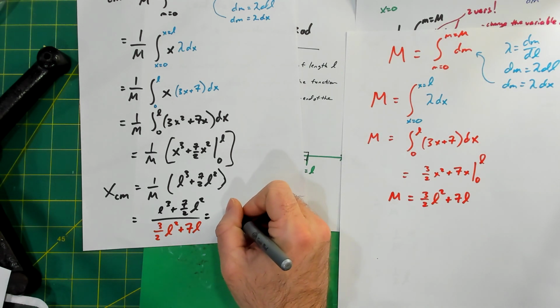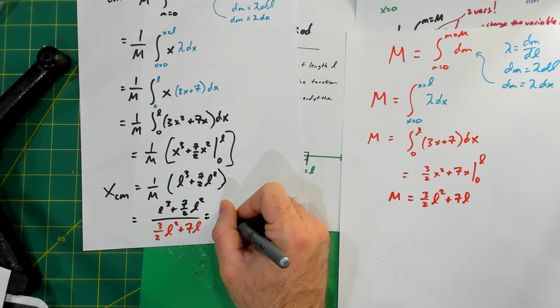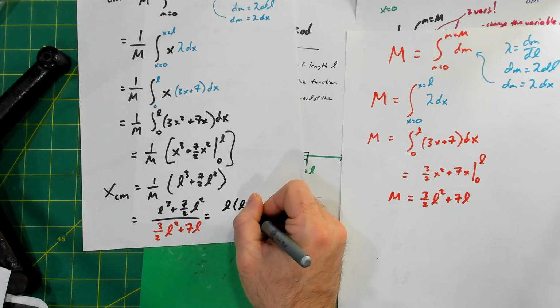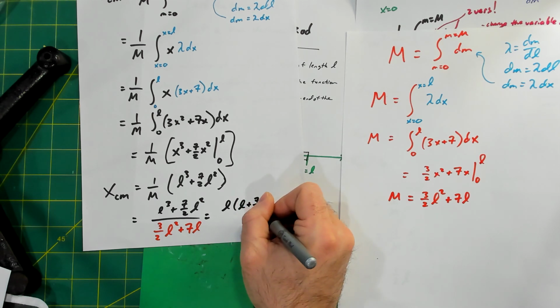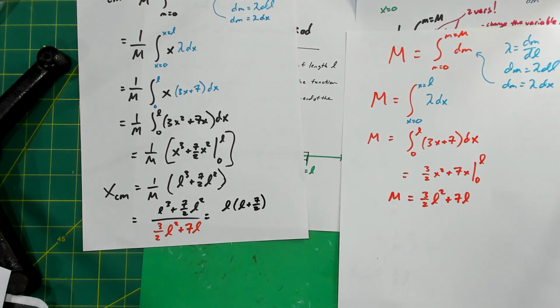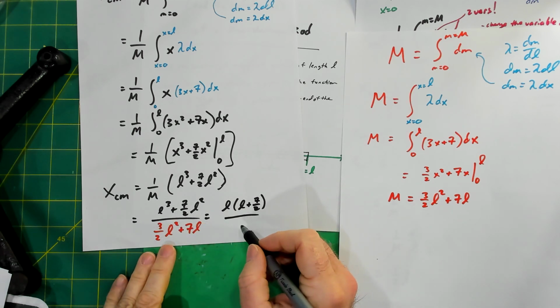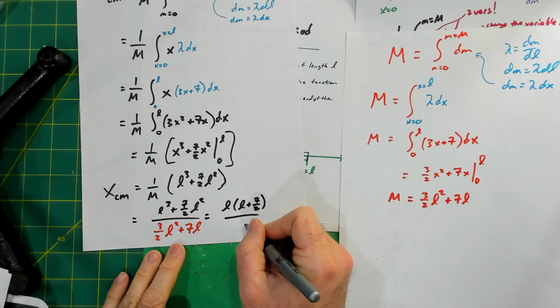And then I'll have what? L times L plus 7 halves, right? Over, factor an L out, cancel one of the L's on top, 3 halves L plus 7.